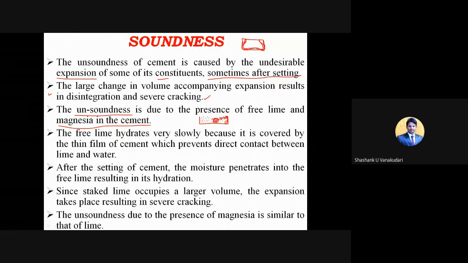This free lime attaches to cement particles, correct? So when this free lime wants to react with water, the hydration process takes a larger time because water first needs to reach the top layer occupied by the cement particles, and then reach the lime content. Clear?